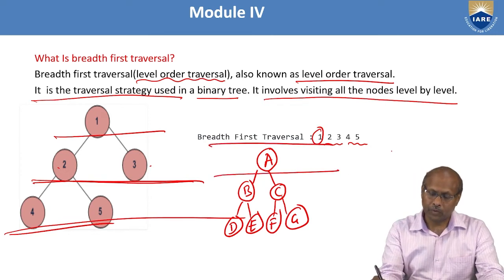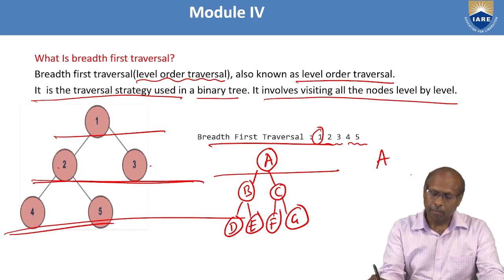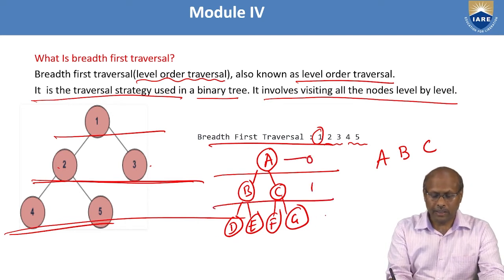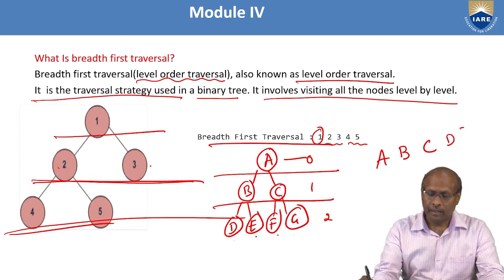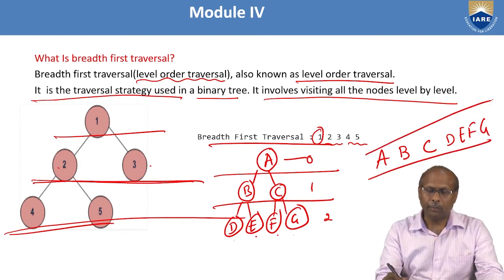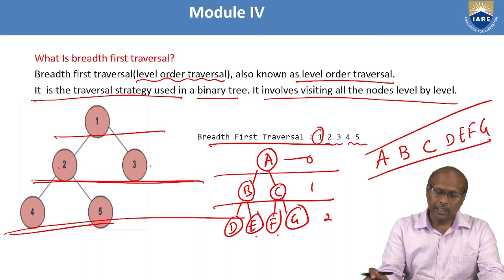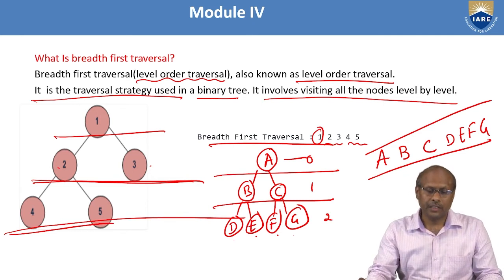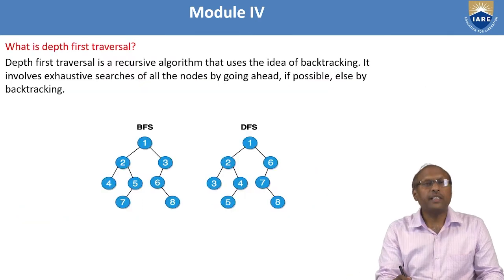First level A, next level B and C. This is the 0th level, this is the first level, and this is the second level. In the second level, the values are D, E, F, G. This is the level order traversal for this tree. So display level by level for the level order traversal. I think it's clear. Next, what is the depth first traversal?